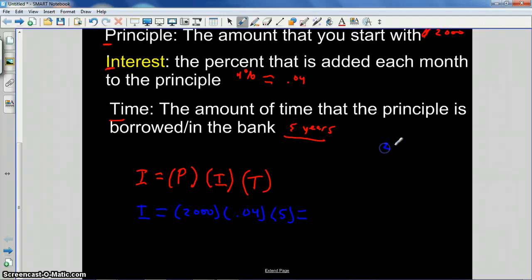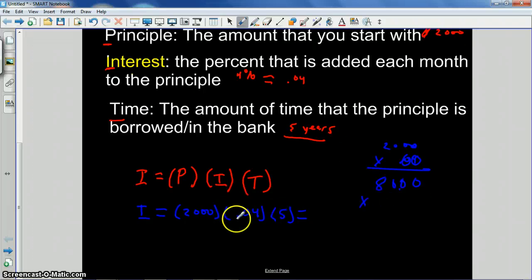So 2,000 times 0.04. You work that out, you should get 0.0, 4 times 2 is 8. You don't need to do anything with that 0 other than count it here. 1, 2. So we have $80 per year. And how many years? Well, 5 years.